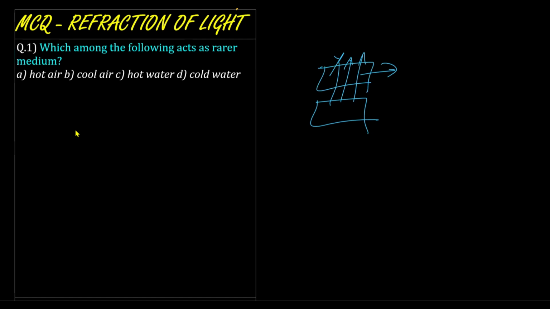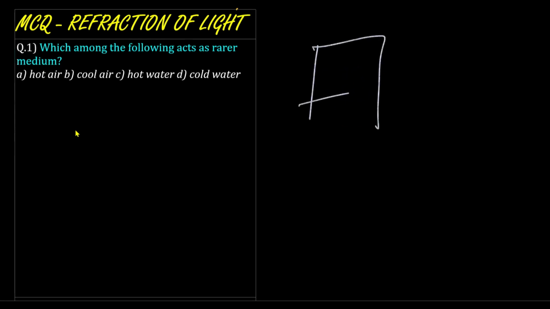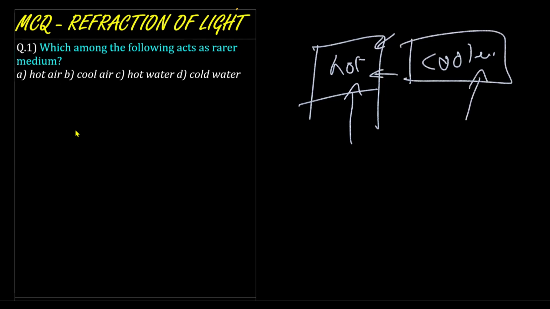So we say that it has lower refractive index, or we can say that it acts as a rarer medium. One more time, let's say if I make a zone here, and this is a hotter zone, and this being cooler, then you'll say that over here the density of air is less, and therefore it should act as a rarer medium, and this cooler area should act as a denser medium.